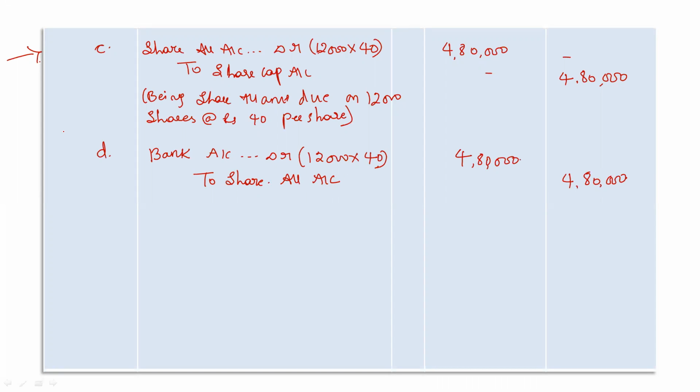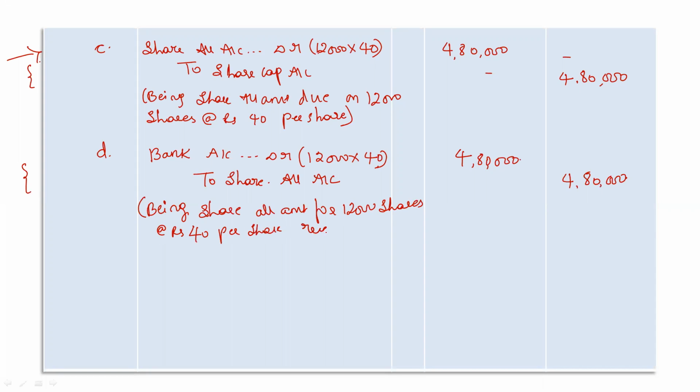If you're confused about how I am doing these entries, these are already explained in detail in the previous videos. So the narration you can write being share allotment amount for 12,000 shares at rupees 40 per share received.